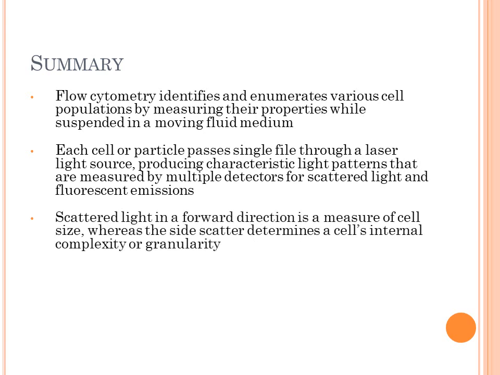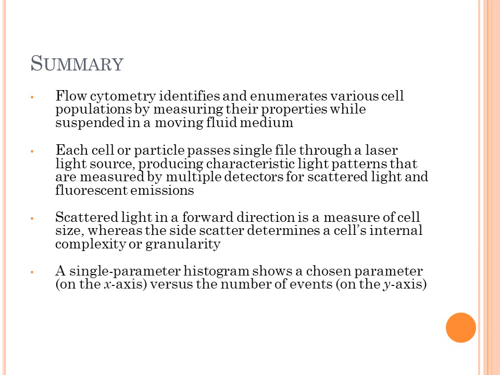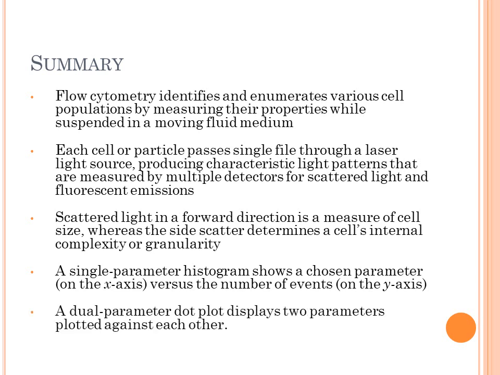Scattered light in a forward direction is a measure of cell size, whereas the side scatter determines a cell's internal complexity or granularity. A single parameter histogram shows a chosen parameter on the x-axis versus the number of events on the y-axis. A dual parameter dot plot displays two parameters plotted against one another.